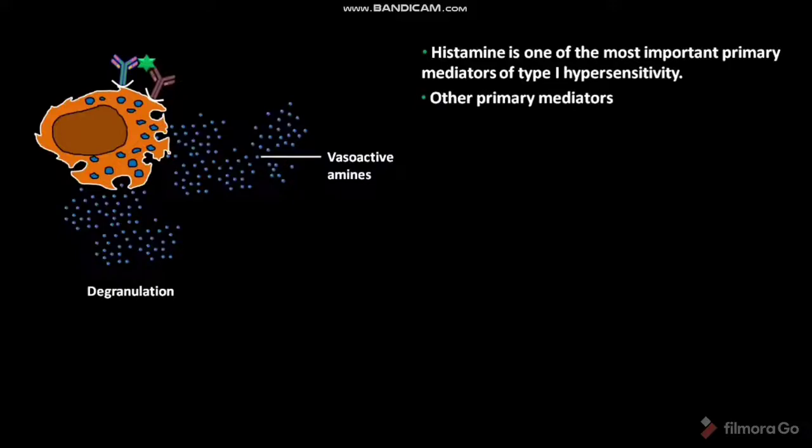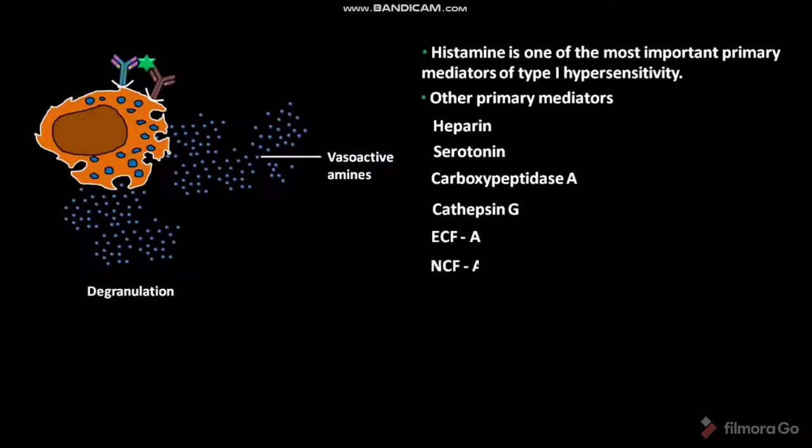Other primary mediators exocytosed by mast cells and basophil cells include proteoglycans like heparin, serotonin, carboxypeptidase A, cathepsin G, ECF-A, NCF-A, and neutral serine proteases.